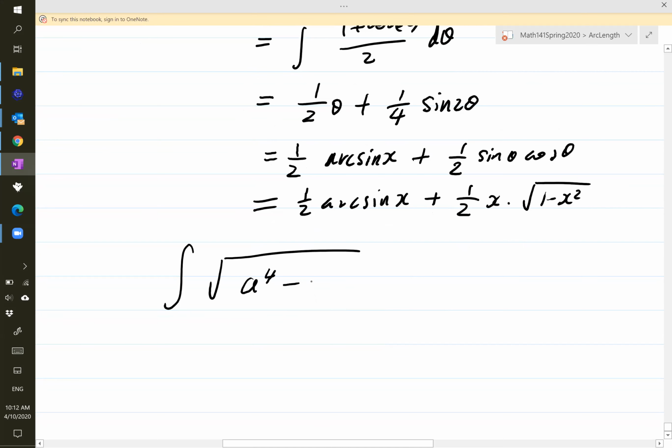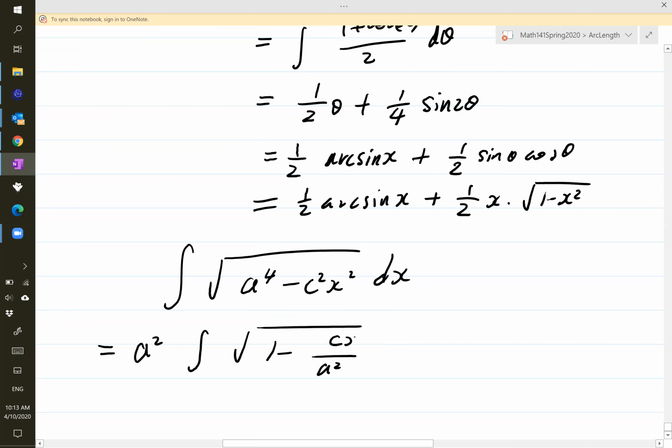Okay, now to find this antiderivative, the integral of the square root of a power 4 minus c squared x squared dx. We factor out a little bit. If you factor out a squared, this will be the square root of 1 minus c squared over a squared times x squared dx.